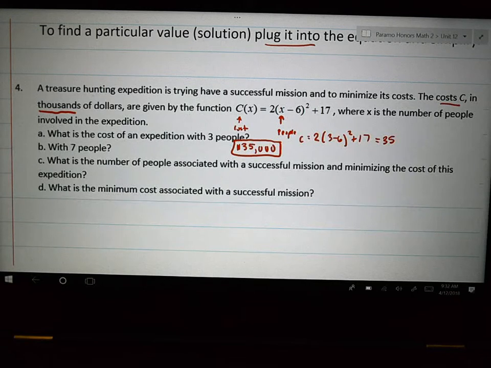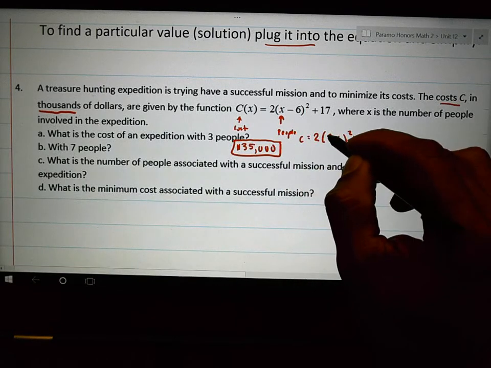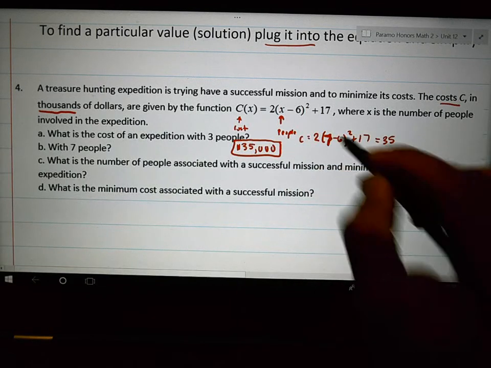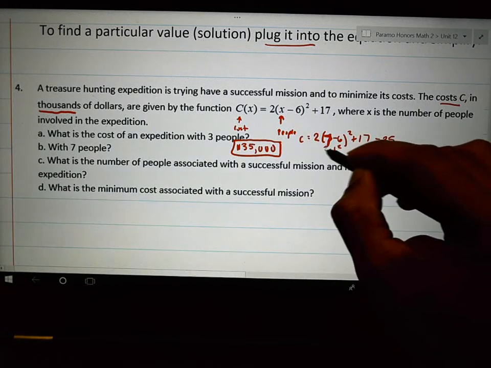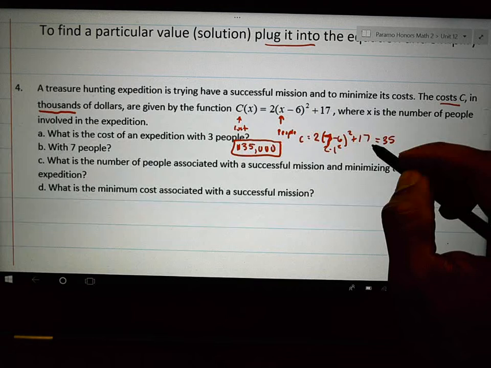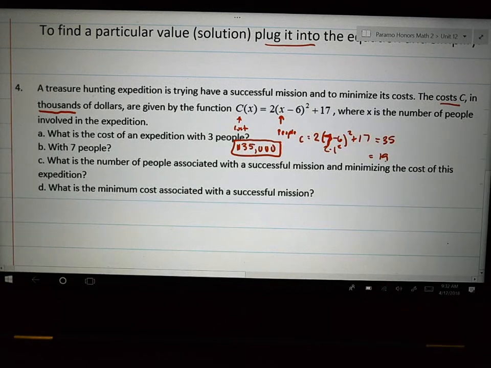Part B, what about for 7 people? Well, I'm just going to plug in 7 this time. 7 minus 6, 1 squared times 2. 2 times 1 is 2 plus 17 is 19 is what I'm getting. In my head, I'll probably check on my calculator.